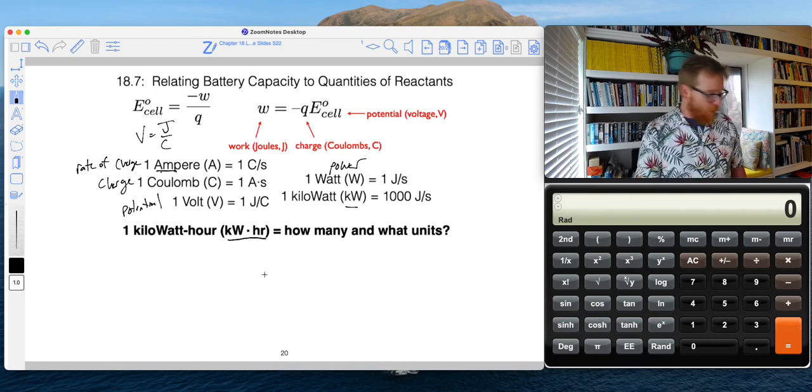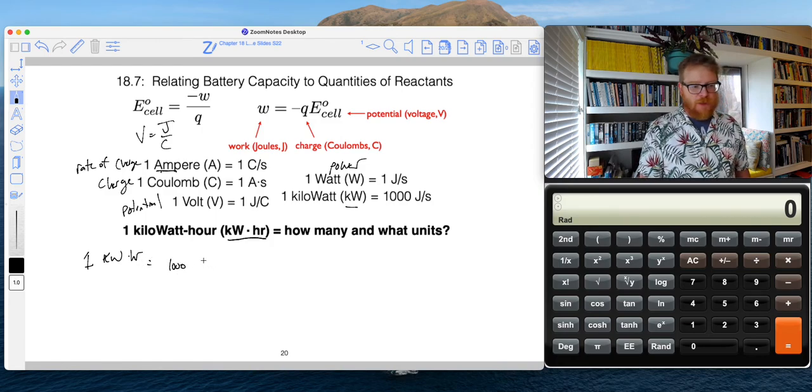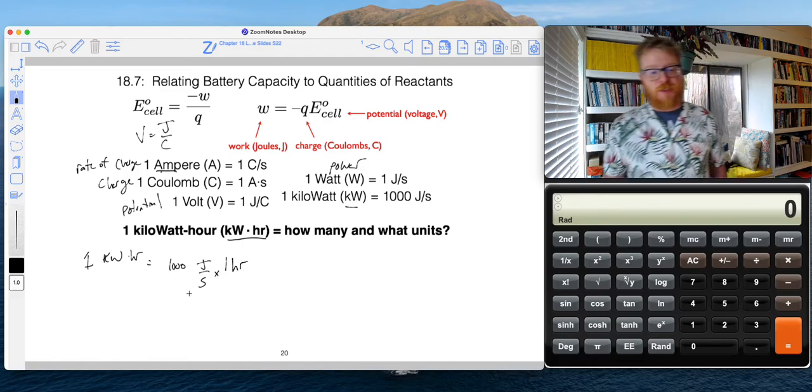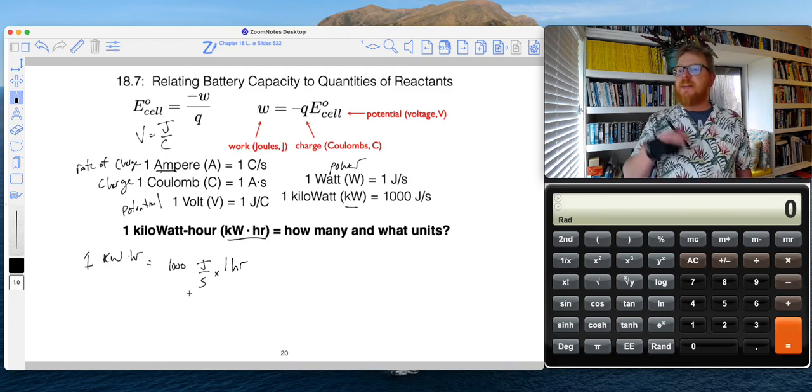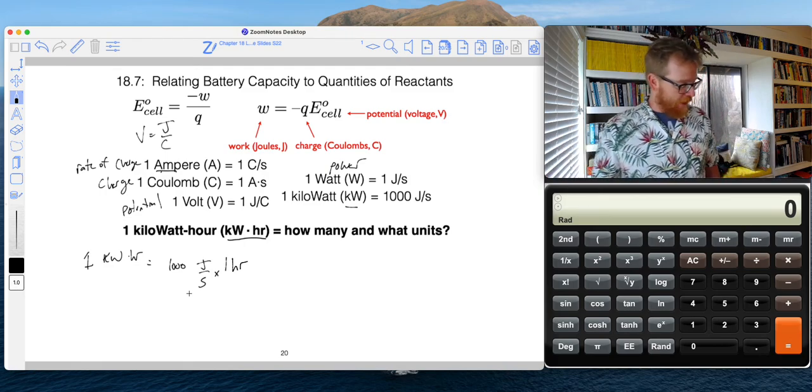Well, if we play around with these units for a moment, we can do some dimensional analysis. 1 kilowatt hour equals 1,000 joules per second per hour. In other words, it's the amount of power you're using multiplied by the duration of time you are using it.